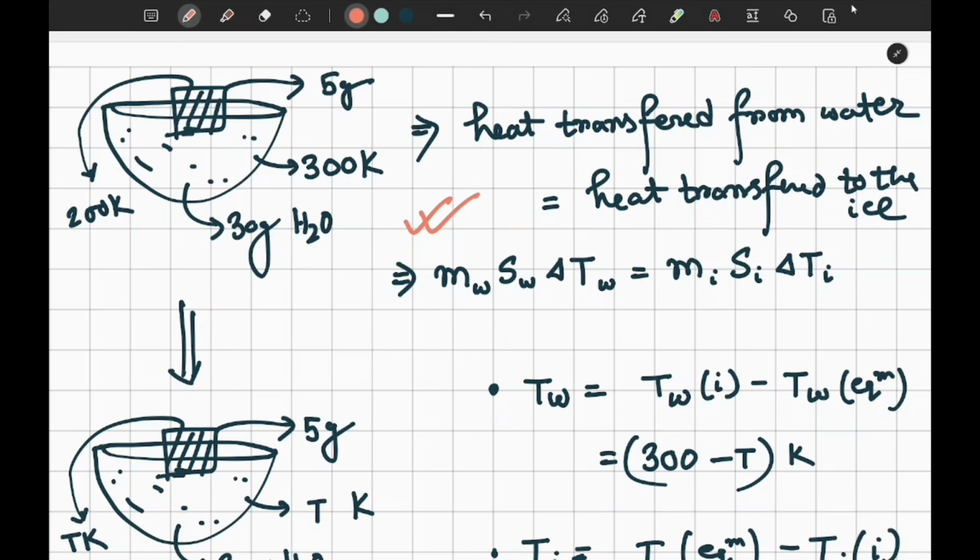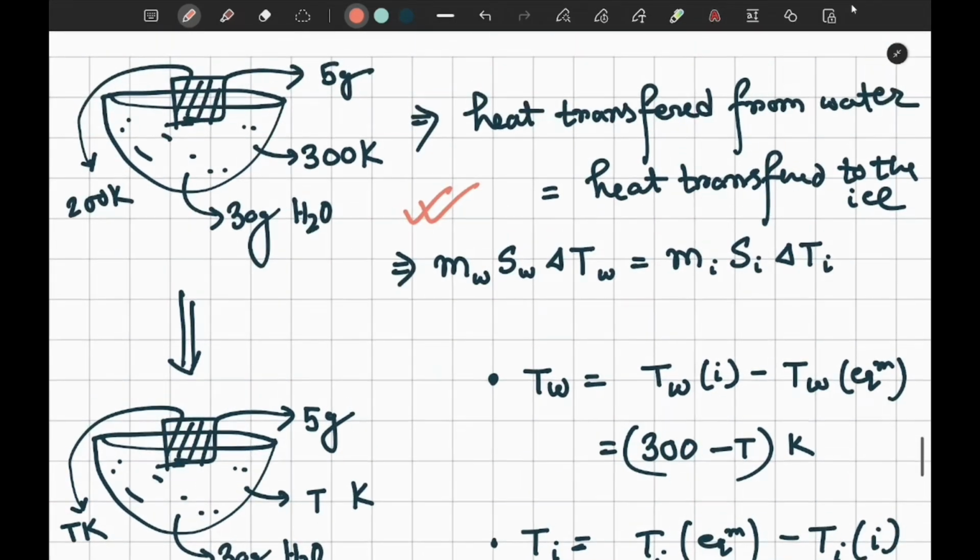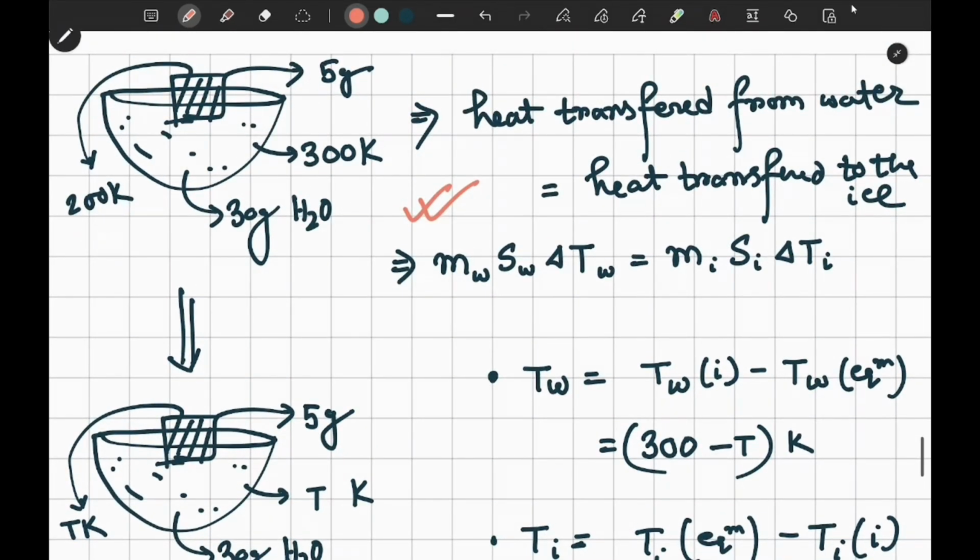There must not be any phase change. If there is a phase change, then you have to add the latent heat in that case. So obviously, the temperature of ice is here 200 Kelvin, and the melting point of ice is 0 degree centigrade, which is 273 Kelvin. So maybe there is a phase change. You don't know that. So that is also important.